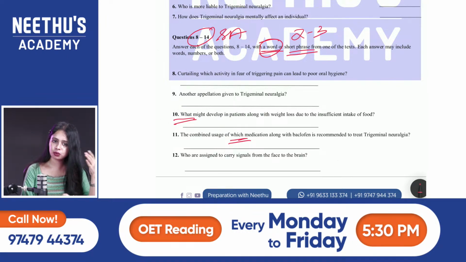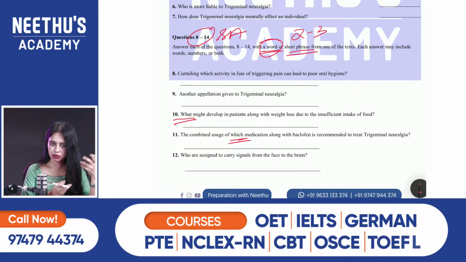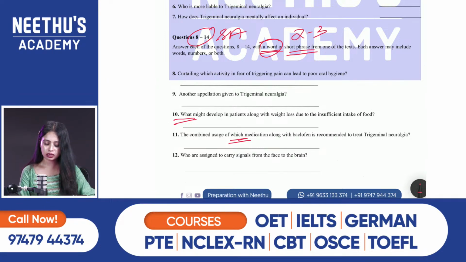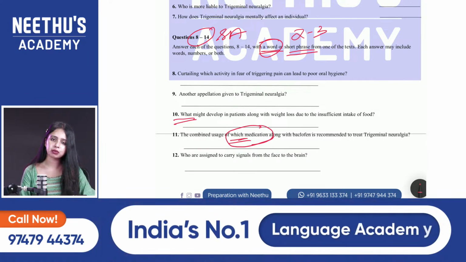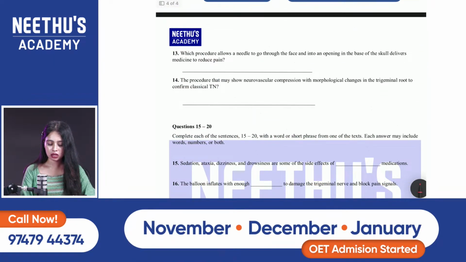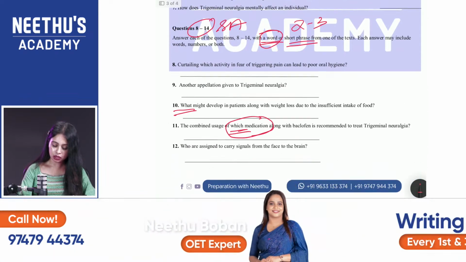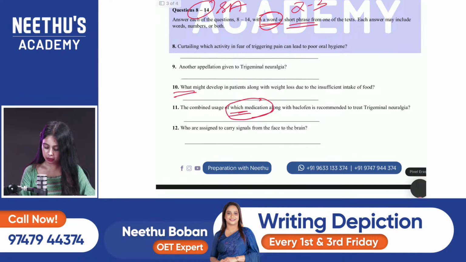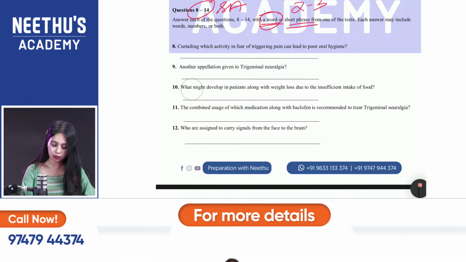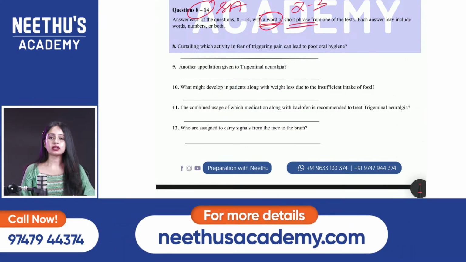In one, the question is at the beginning, and here the question, which medication, is in the middle of the sentence. And sometimes the question will be at the end of the sentence. After a long time, the question word comes at the end. So that is a sentence pattern or sentence structure, I can say. Yeah, that's all about that.